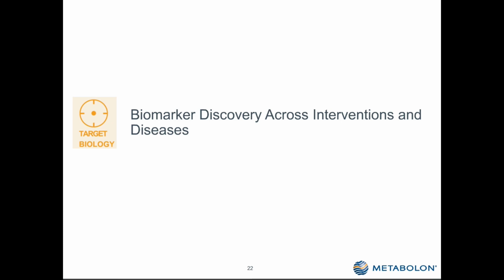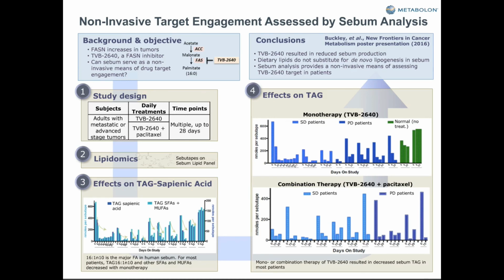Finally, the technology can be used not only in the cosmetic or bioapplied market, it can also have many utilizations across different interventions and diseases. For this example, the investigator is working on a drug called TVB-2640, which is an inhibitor of fatty acid synthesis.